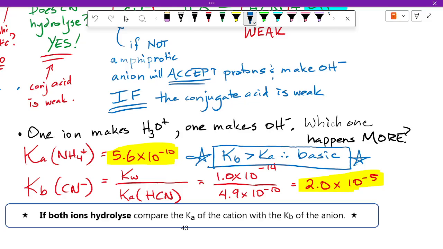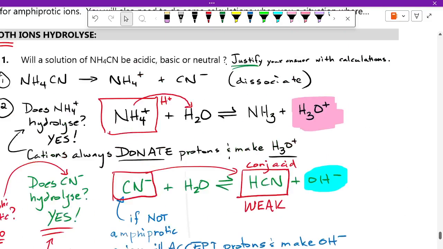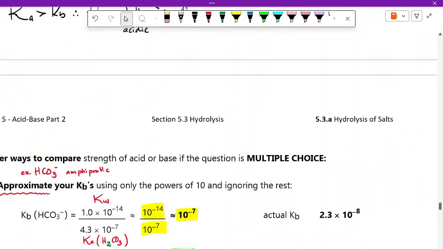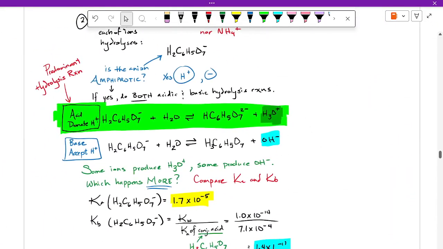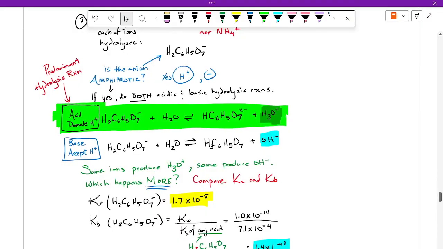If you have both ions that hydrolyze, you're going to compare the Ka to the Kb. If you have an amphiprotic ion, you're going to compare the Ka to the Kb. I will never give you a cation that hydrolyzes and an amphiprotic anion, because that's just too many things to worry about. Amphiprotic ions, by their nature, they are acids and they are bases.